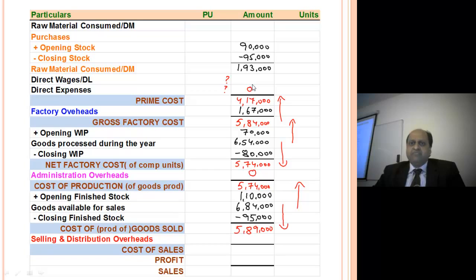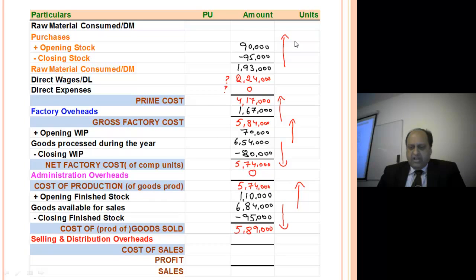Okay, this will give me the value of direct wages, which is 4,17,000 minus 1,93,000. I committed a mistake. The figure is 2,24,000. Now here I will move in upward direction.